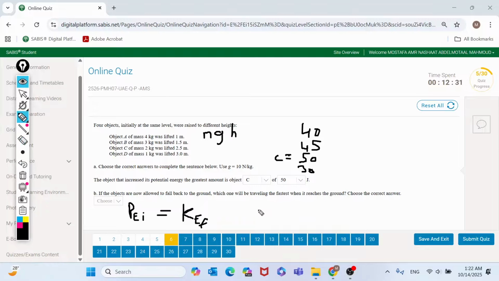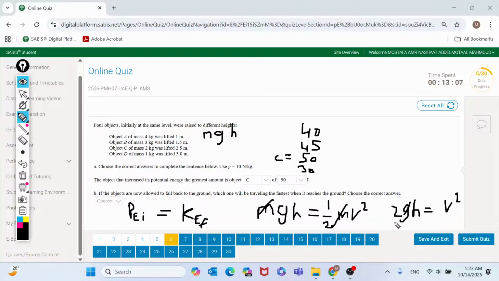Okay, first potential energy is mgh, and kinetic energy is 1/2 mv squared. So we just want to simplify this first. m would cancel out. Take 1/2 to the other side, so it would be 2gh equals v squared. So g is 10 for everything, so you can just cancel it out.